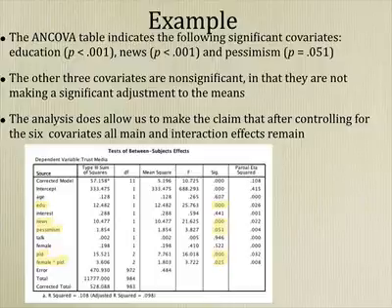So we can see from the ANCOVA table that several of our covariates were significant. And significant meaning what? If, for instance, education was significant, what does that mean? Explain some of the variance in the dependent variable. Yeah, that's it exactly. And so education made a significant adjustment to our dependent variable.